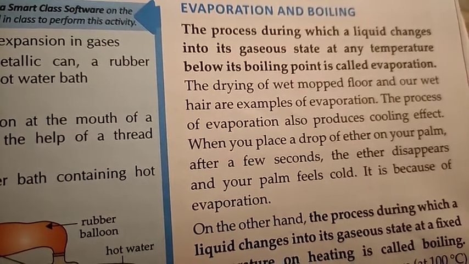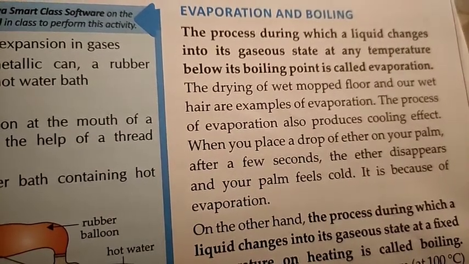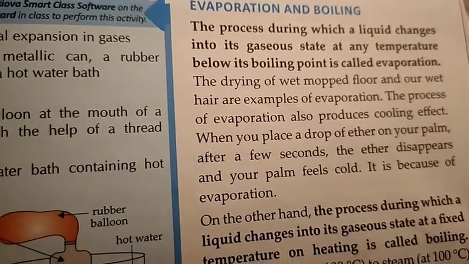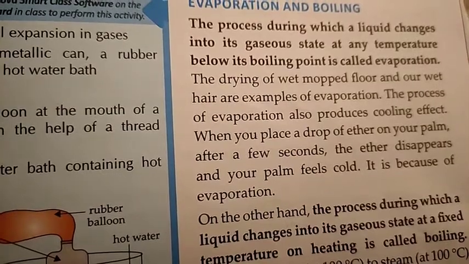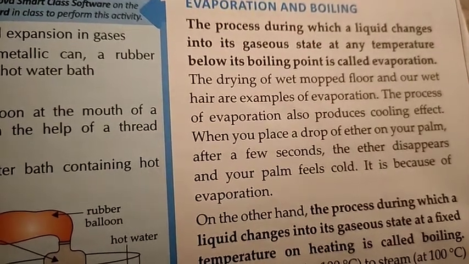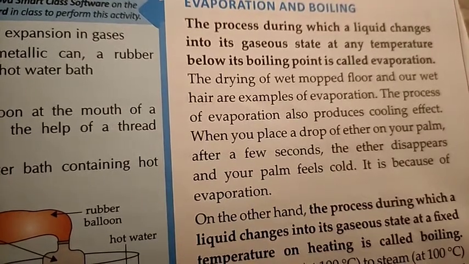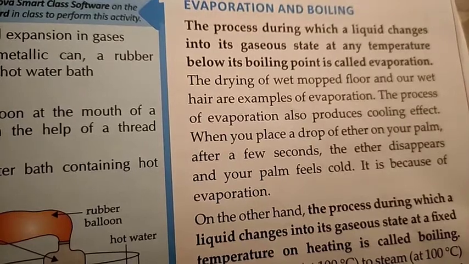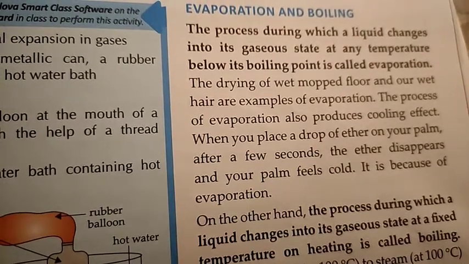Now let's see what is evaporation and boiling. Evaporation is the process during which a liquid changes into its gaseous state at any temperature below its boiling point. Examples are drying of wet mop floor, wet hair, and now this process of evaporation produces a cooling effect. It gives a cooling effect.